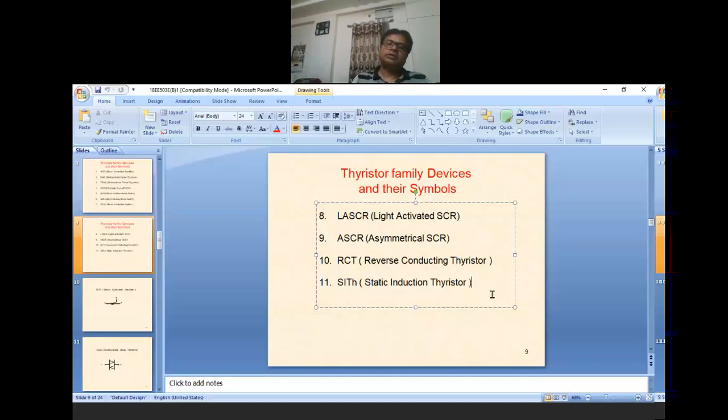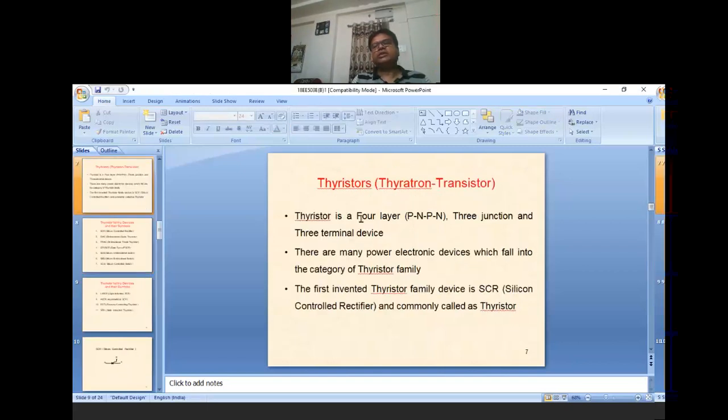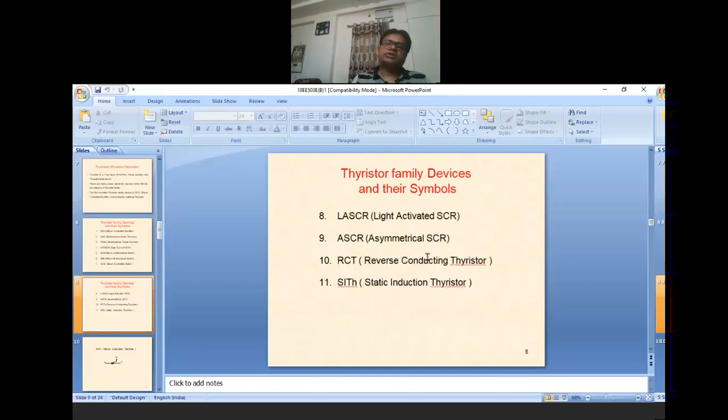They are the power BJT, that is power bipolar junction transistor, power MOSFET, and IGBT, the insulated gate bipolar transistor. Though the IGBT consists of four layers and three junctions, as its operation is different from thyristors, it is not categorized as a thyristor family device.